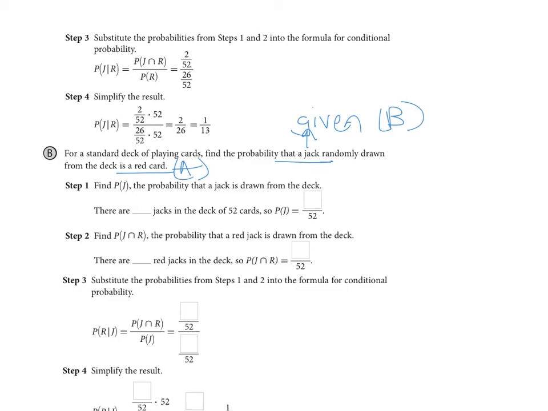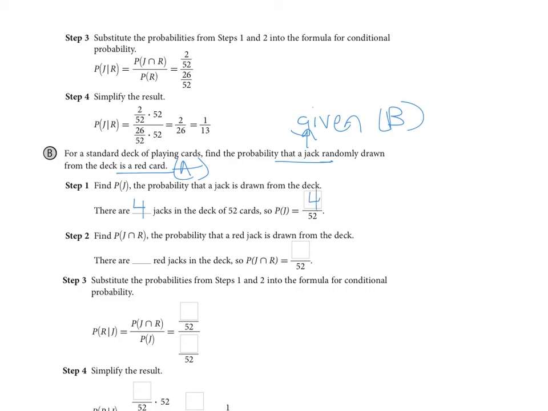This time we are going to find the probability of getting a jack. There are 4 jacks in the entire deck, one of each suit, and so the probability of getting a jack is 4 out of 52.